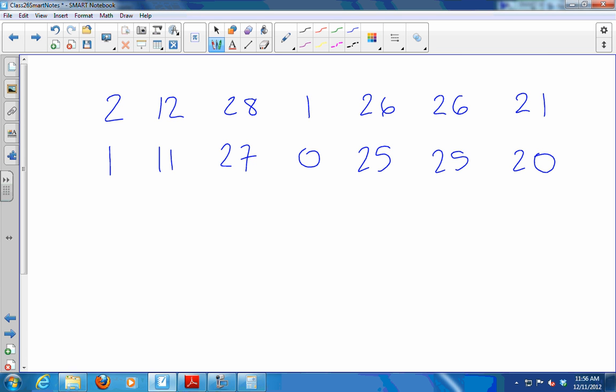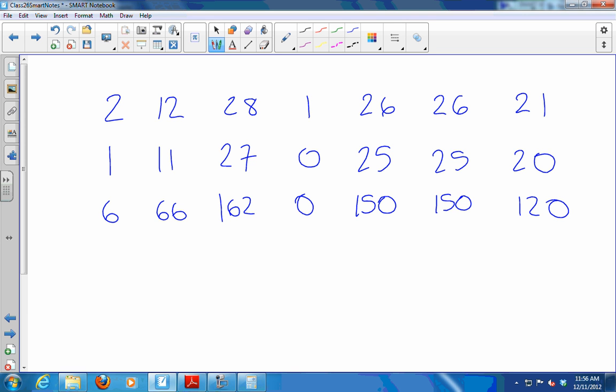So I'll take each of these numbers, multiply them by 6, and I get 6, 66, 162, 0, 150, 150, 120. Then I take each of these and take the mod 29.